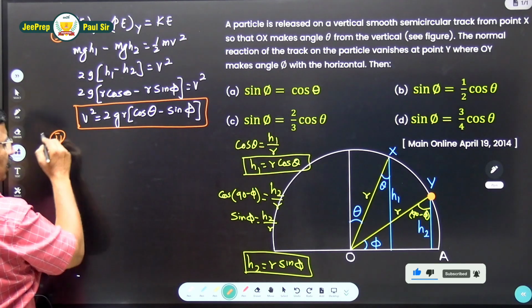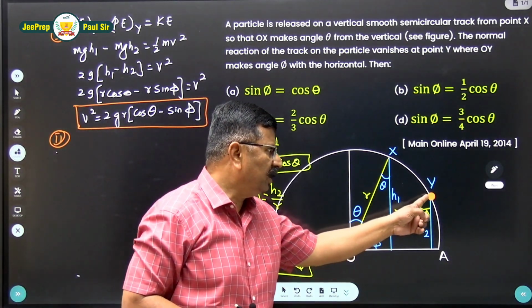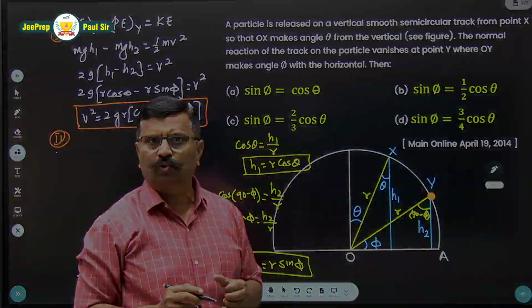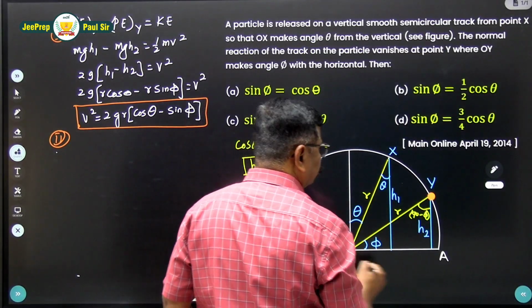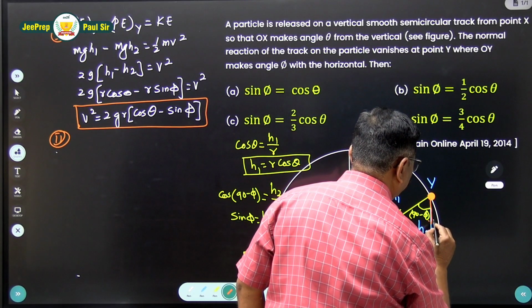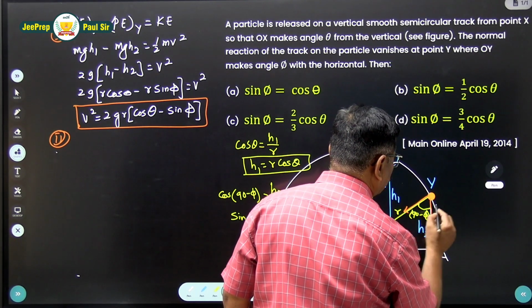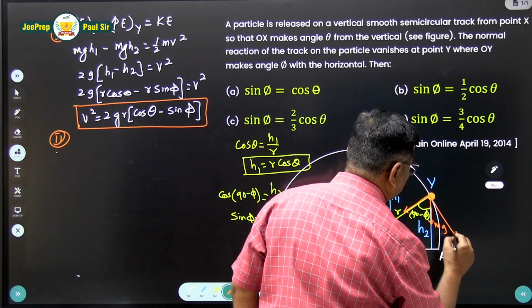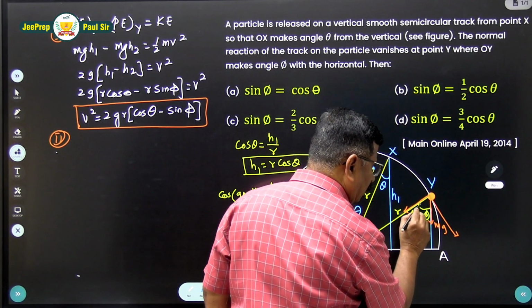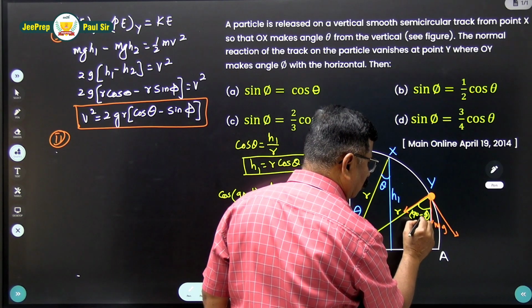Now let's go for part 2. As I told you earlier, here weight mg we will resolve into two components. Let the weight mg be in this direction. Then this will be one component and this will be another component. Now the angle made with this is 90 minus phi.